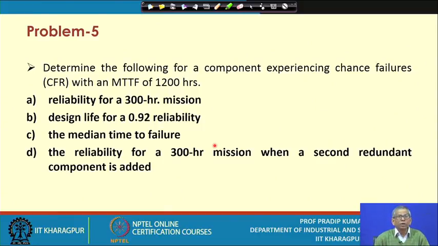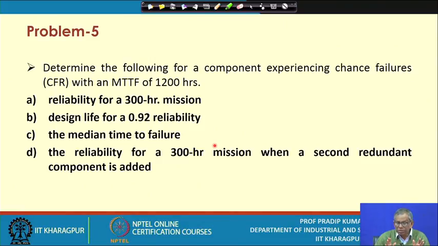Now we will be referring to the next problem, that is problem 5. Determine the following for a component experiencing chance failures. What is this chance failure? That means the chance failure phase or useful life phase, when the failure rate is assumed to be constant.